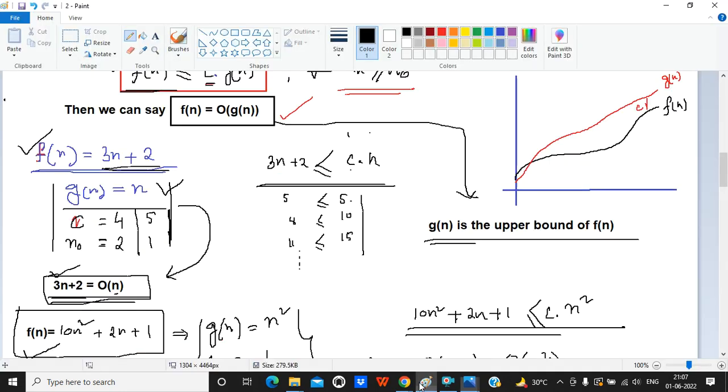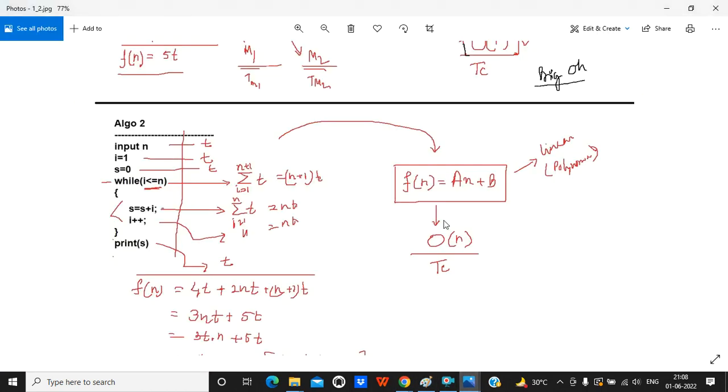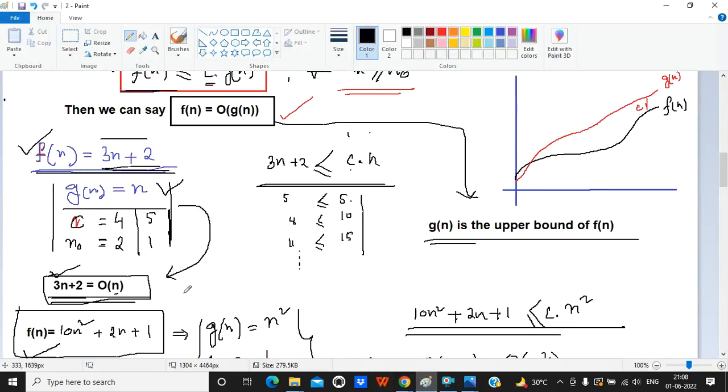Now here the function f(n) is equal to 3n plus 2. This is the same thing, an plus b. And I told you in the last class, we defined that if your function is f(n) equal to an plus b, it will be represented in time complexity as big O of n. Why? Because of this we got this.